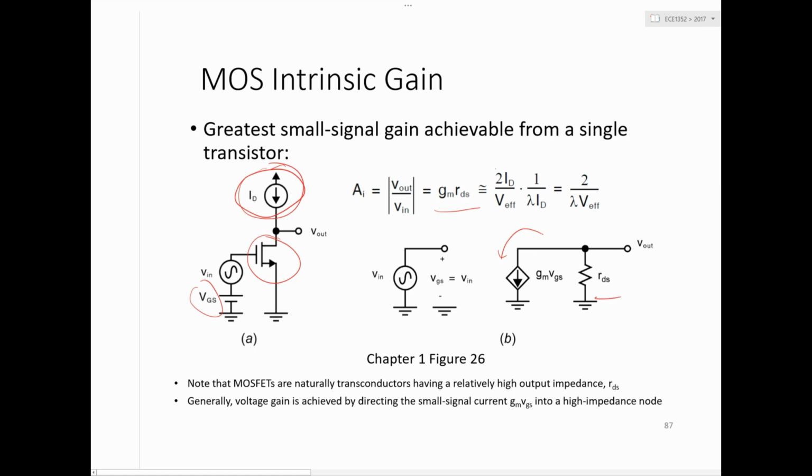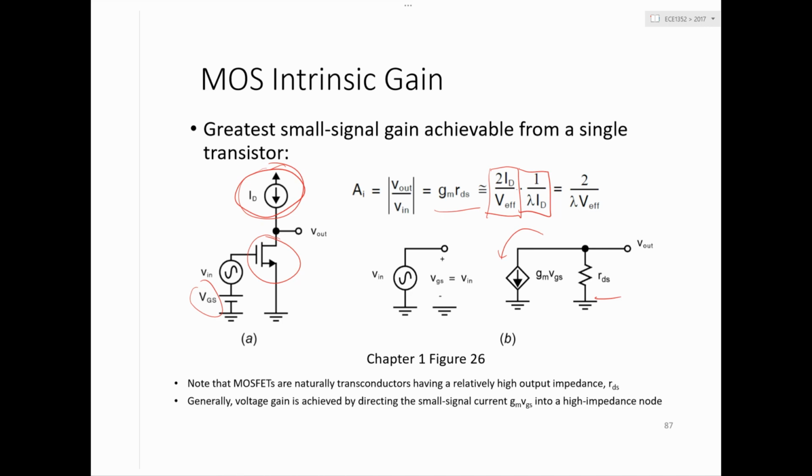Here we've substituted in expressions for GM and RDS that assume the transistor is biased in active mode and we're still respecting the square law. So there's an assumption there that we're keeping it in the square law regime.